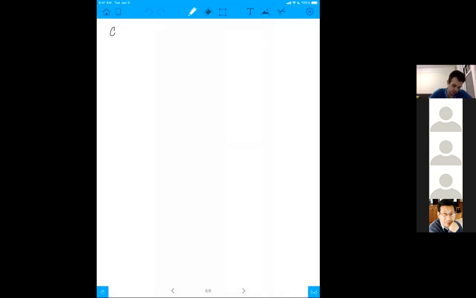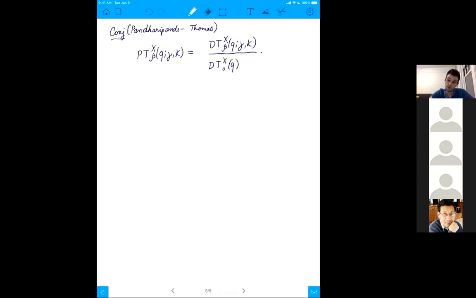So this is the conjecture of Pandharipande-Thomas. By the way, in what generality is it proven? Oh, your formula. Okay, sorry. You should formulate. Yeah, I'll say a few words about it. Yeah, so their conjecture is that this PT series with insertions equals the ratio of the DT series, Donaldson-Thomas invariants, so these were the ones defined using ideal sheaves, divided by the DT theory of a point.